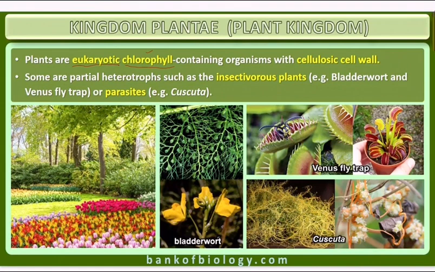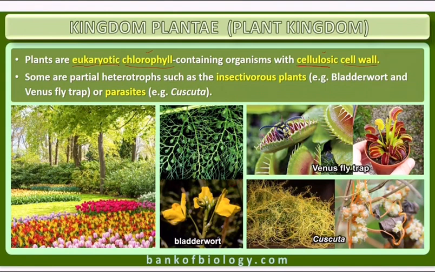Leaving these insectivorous plants and parasites, the other plants which are green are all eukaryotic, chlorophyllous, photosynthetic, multicellular organisms. They contain a cell wall, and the cell wall chemically is made up of cellulose. So we say cellulosic cell wall.